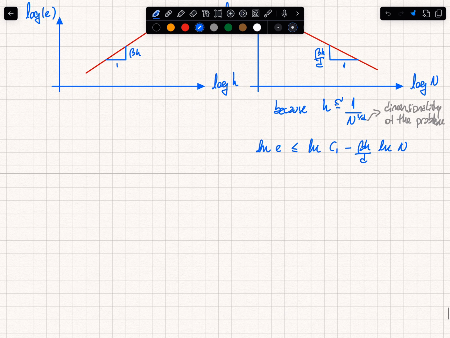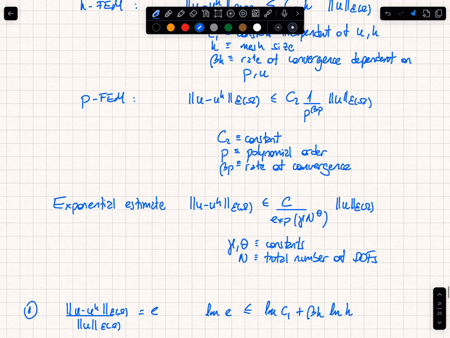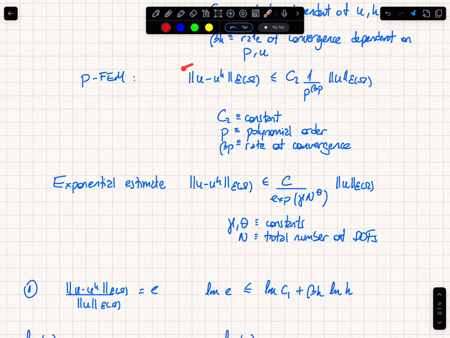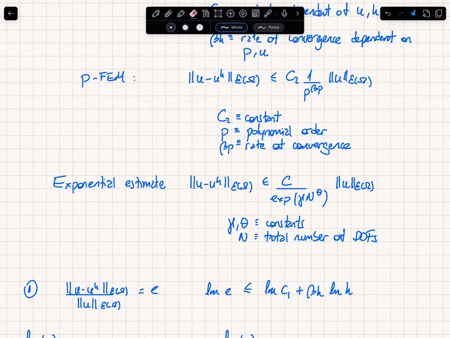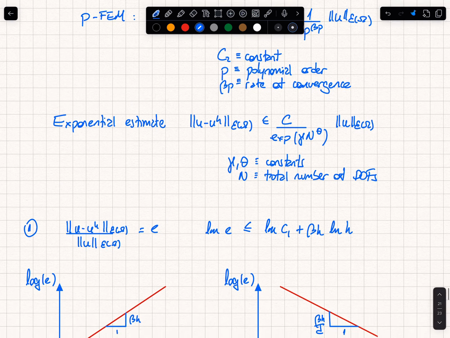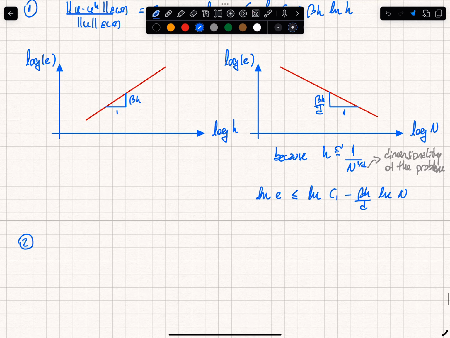So let's take now the second one, which, if you remember, was p-FEM, right? So we're going to basically look at this estimate, and we're going to do the same trick, right? So we take this guy, we put it here, we define everything on the left as our relative error in energy norm, right? And we apply the log to both sides, and then you will see that we get something that looks like this.